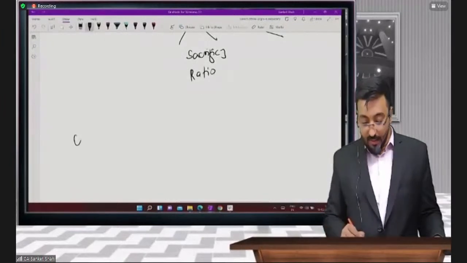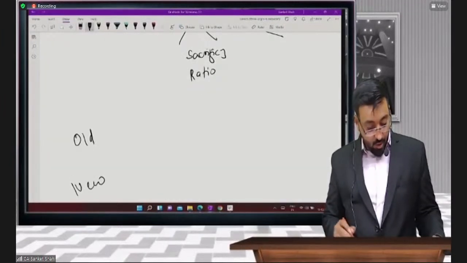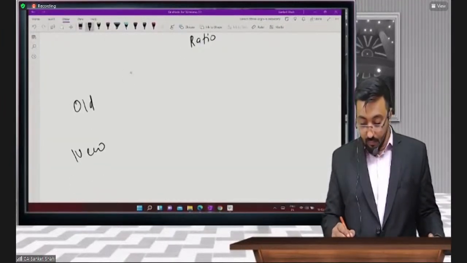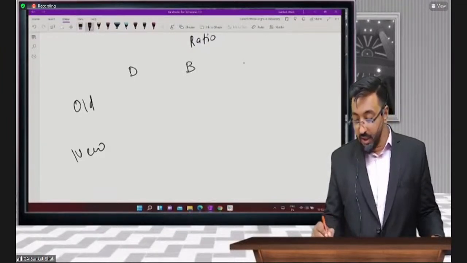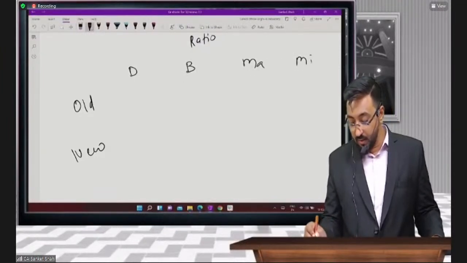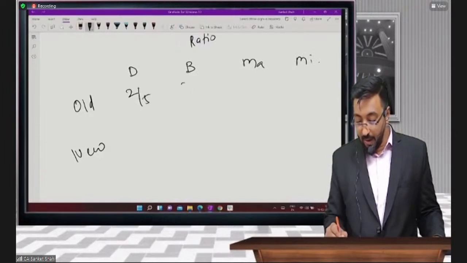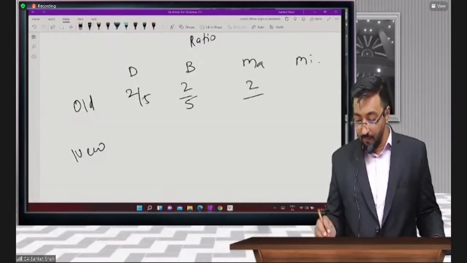So for sacrificing ratio, old, new: Dalal, Banerjee, Malik, Mistry. Old ratio 2/5, 2/5, 1/5.